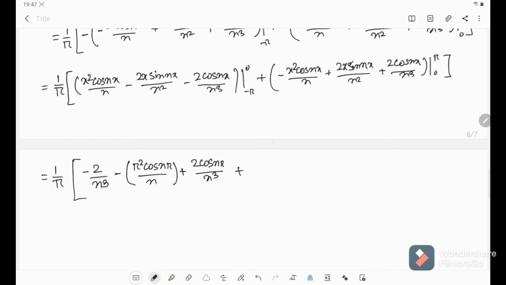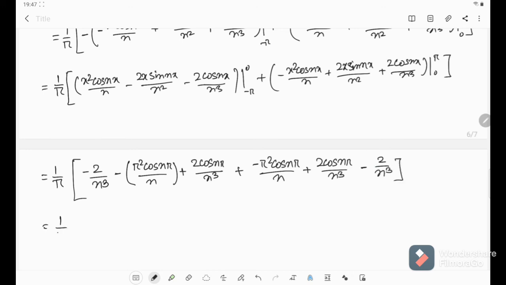Now from this we are getting minus pi square cos n pi by n, and sin n pi will produce 0, and here it would be 2 cos n pi by n cube, and for 0 we are getting 2 by n cube.